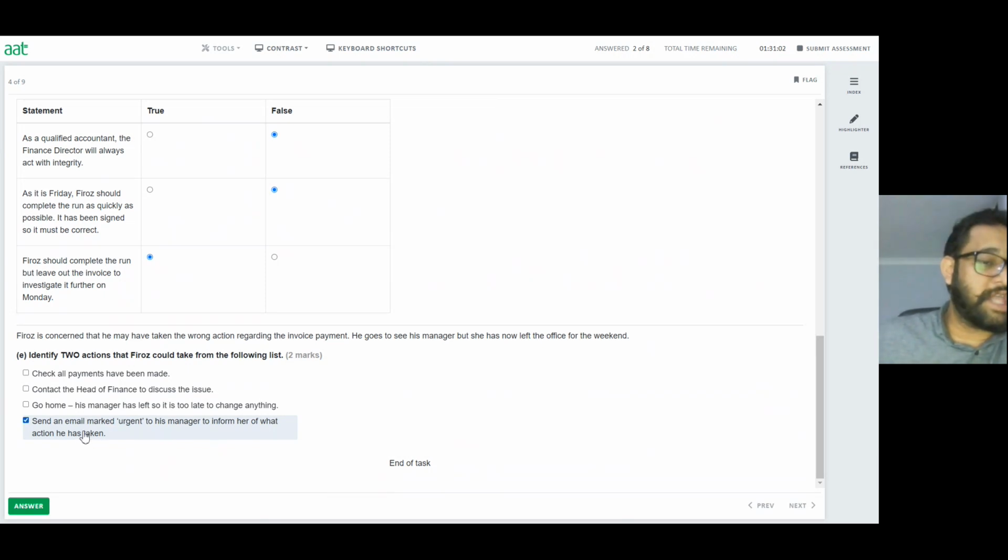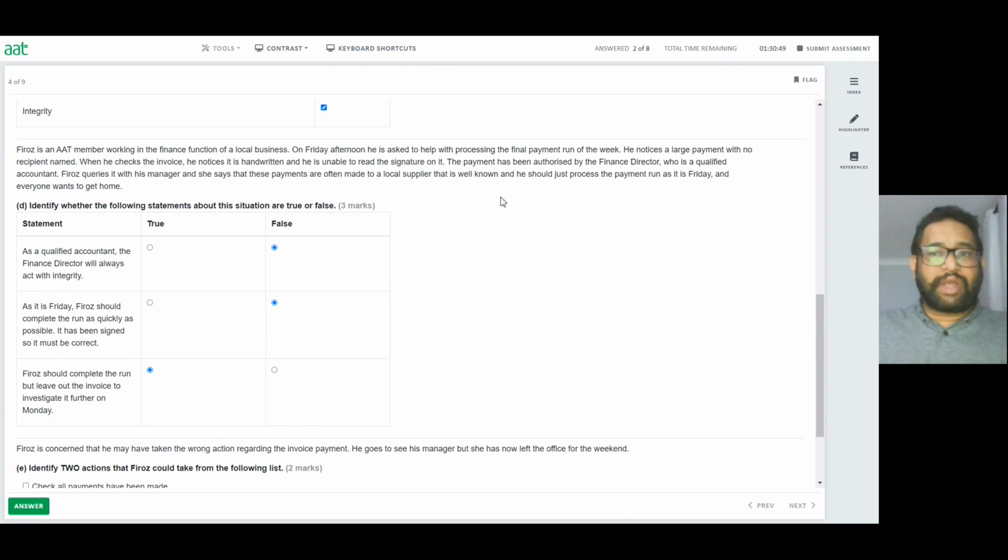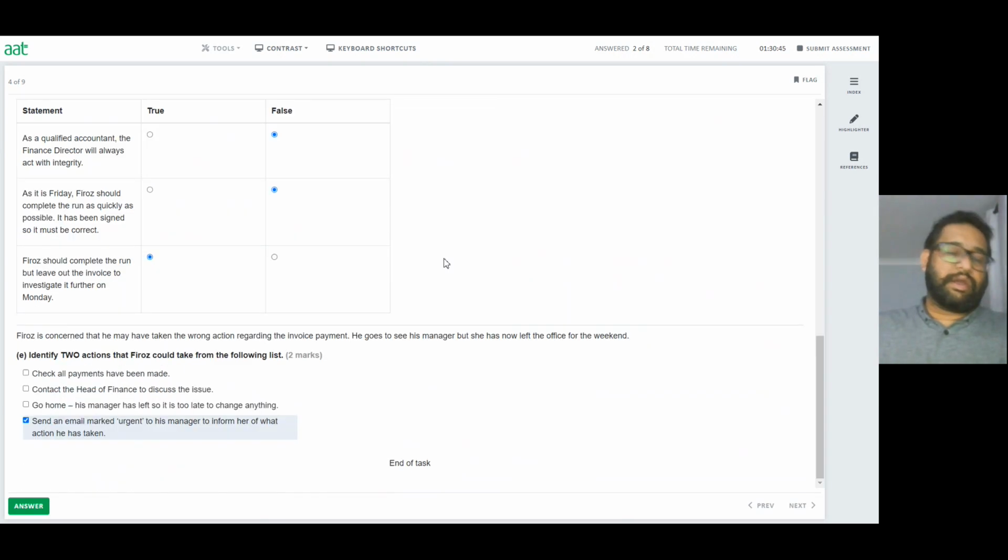This is one good answer, because it advises the manager of what's going on. And then also contact the head of finance, because the finance director has dealt with it. The head of finance might be the same person or somebody different, but not the line manager.